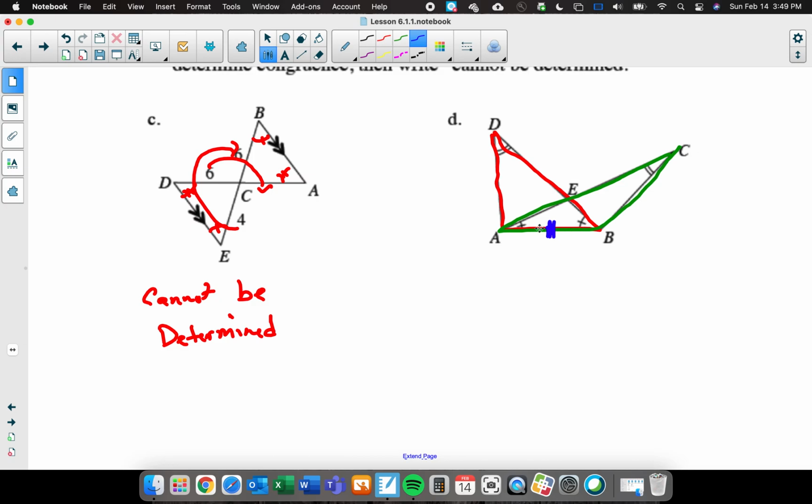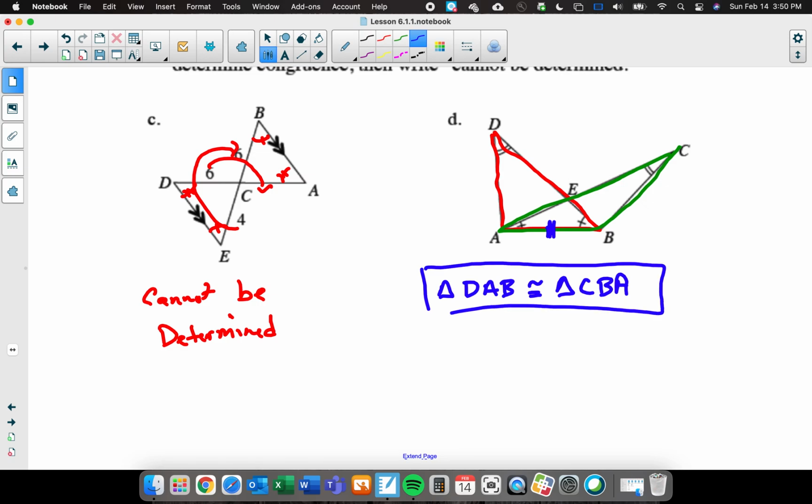So that gives you that 1-to-1 ratio, and therefore, ultimately, I can say that triangle DAB is congruent to triangle, if it's DAB, okay, so I got to start with 2 markings, therefore CBA would be the one to match up. And there are your congruent triangles right there.